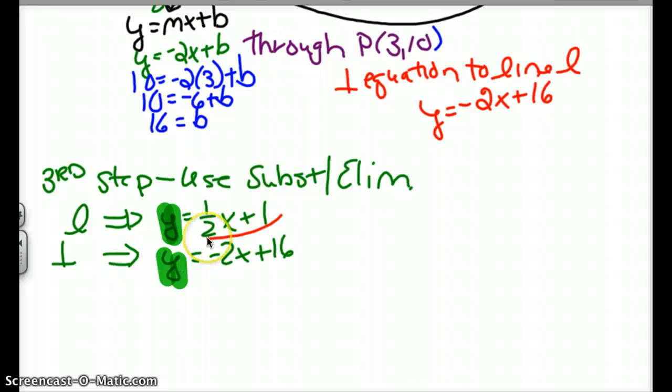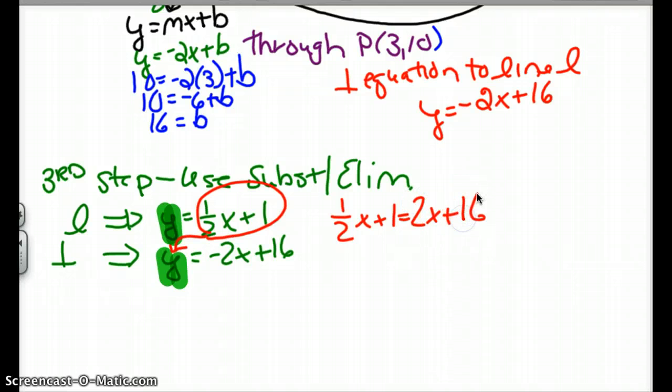I'm going to write it right there. A half of x plus 1 equals -2x plus 16. I'm going to get my variables together, minus my half of x. Here this is a negative 2, so that's a negative 2.5x.